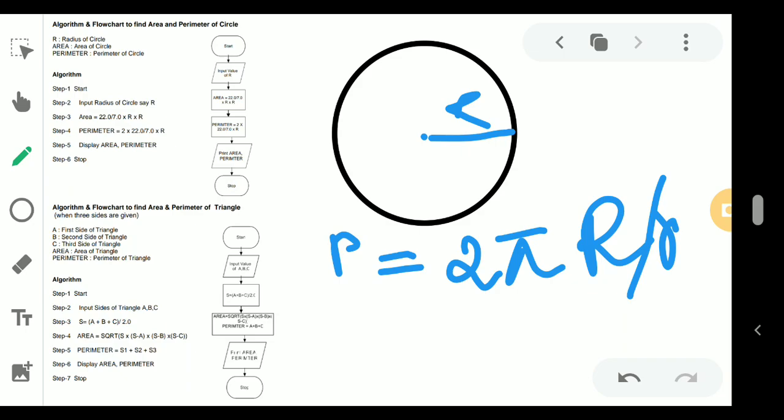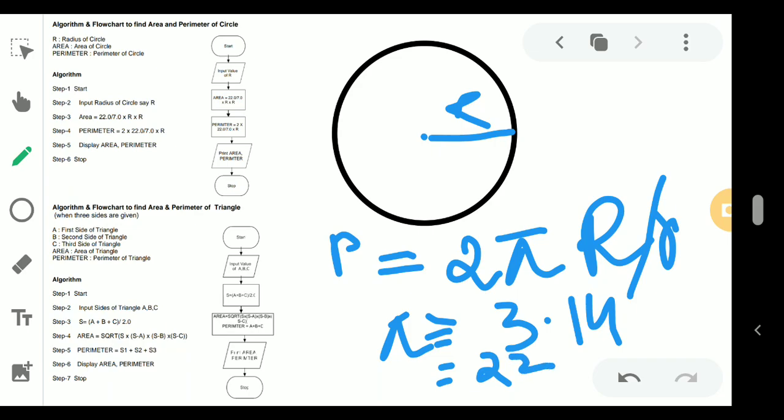We have to use the value of pi. Approximately the pi value is nearby 3.14, but here we are using the formula 22 by 7 instead of 3.14, because 3.14 is an approximation, and if you divide 22 by 7, we will get more values after the decimal place. So that's why we will consider 22 by 7.